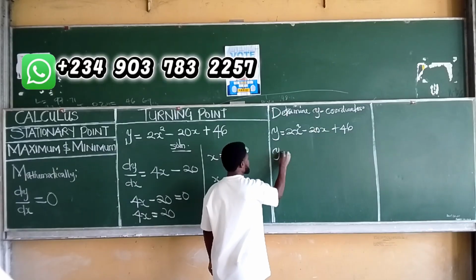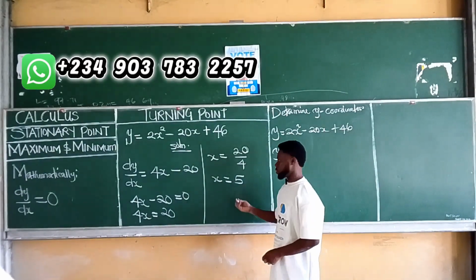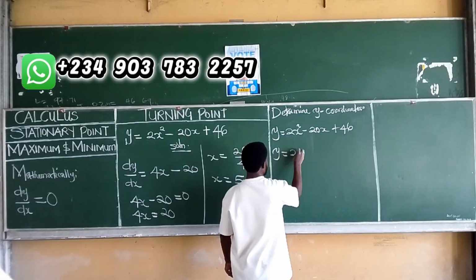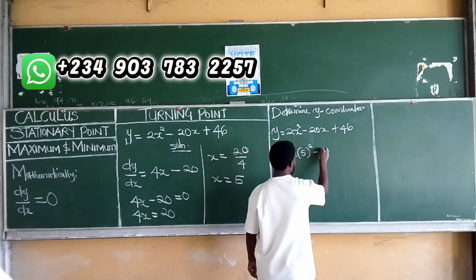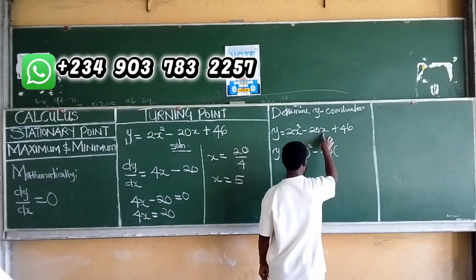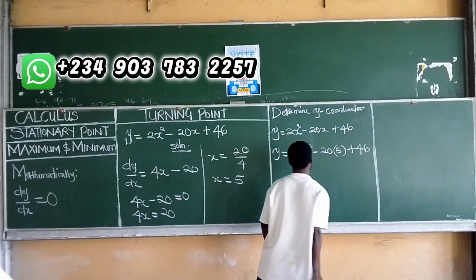So y is equal to, when x is 5, let's substitute 2 bracket open 5 raised to the power of 2 minus 20 bracket open 5 plus 46.